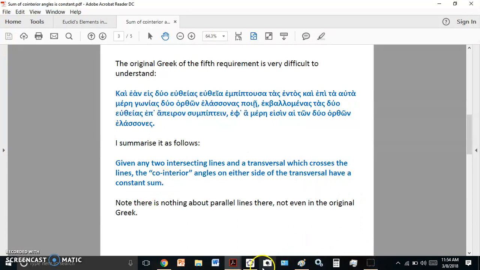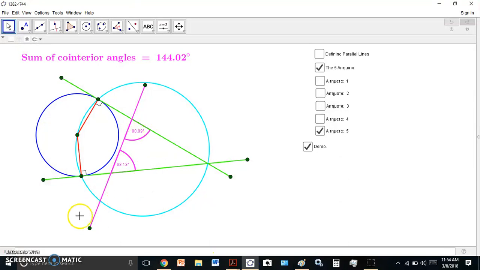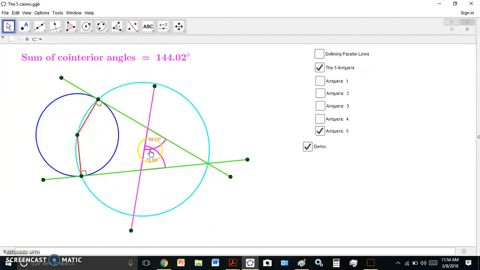So what does that mean? Let's look here. It means that it doesn't matter how you move this transversal on this side of these 2 green lines which intersect, okay? The sum of these is always equal, okay? And also on this side, the sum will also be equal. And it doesn't even matter how you position these lines. I mean, they can be parallel even, right?